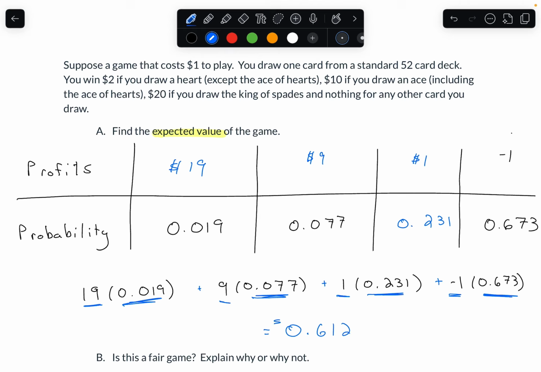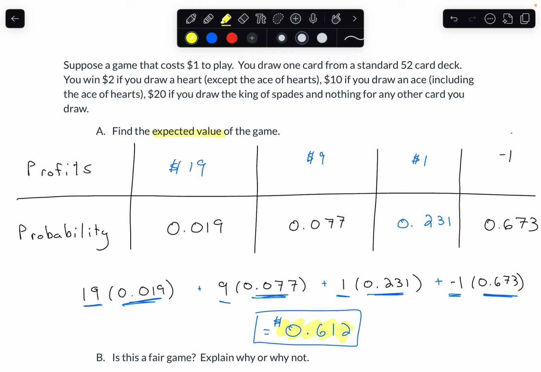0.612. And in this case, what this represents is the average amount that you can expect to win if you were to play this game many times. Think about tens of millions of times, really infinitely many times, but millions, billions of times that works too. Now, you're never actually going to win this amount of money.